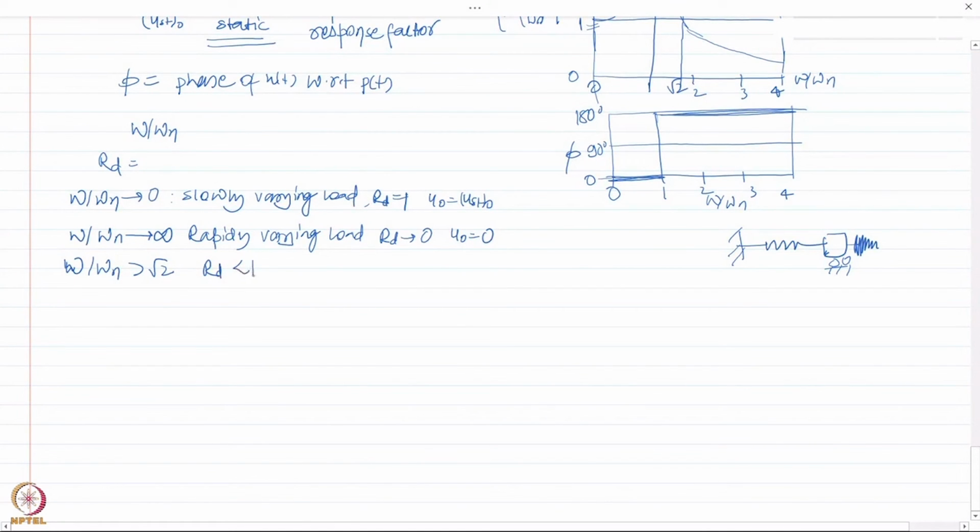So I don't get any amplification in the response. The dynamic behavior does not lead to amplification, but actually leads to reduction in the response. And as we will see later, this is very useful in the design of some systems.